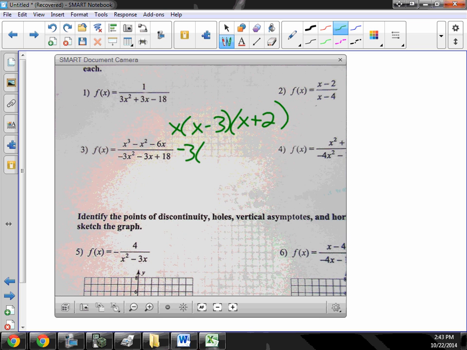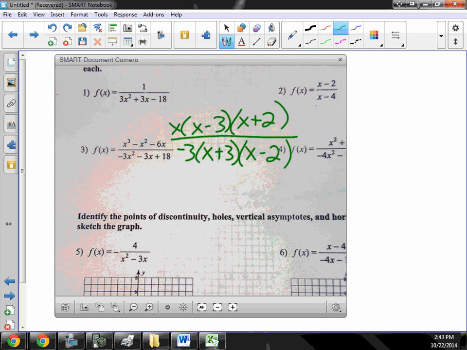So it's going to be -3 times x plus 3 times x minus 2. Now we got to go through and list all of the parts of this graph. The x's and the 3's will be negative. So no, it doesn't work that way.